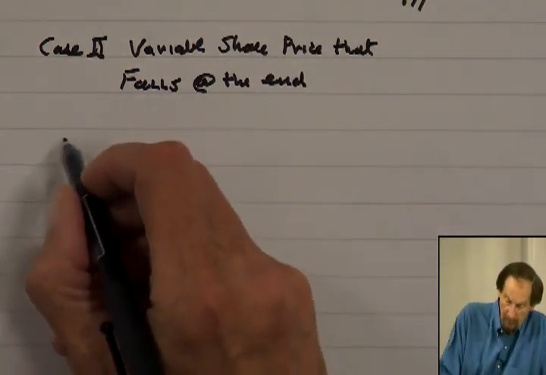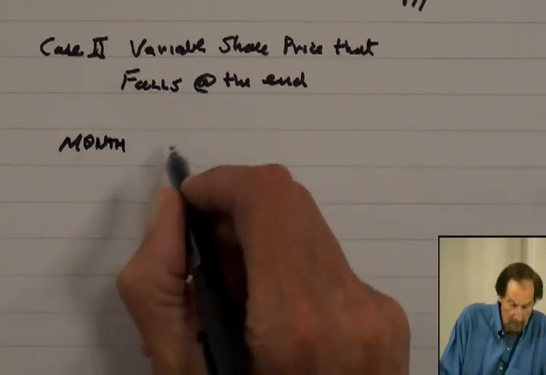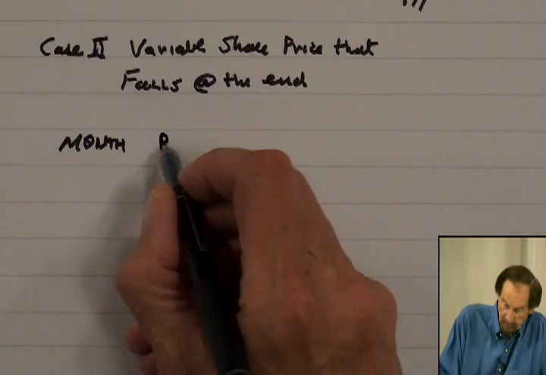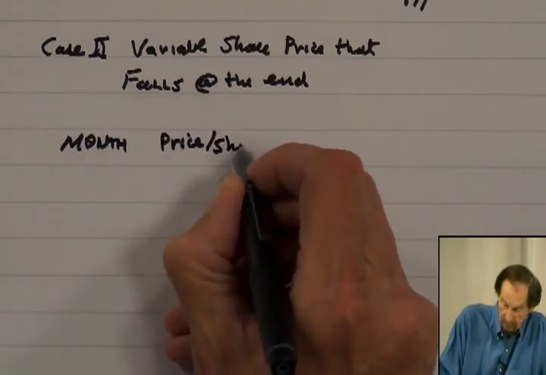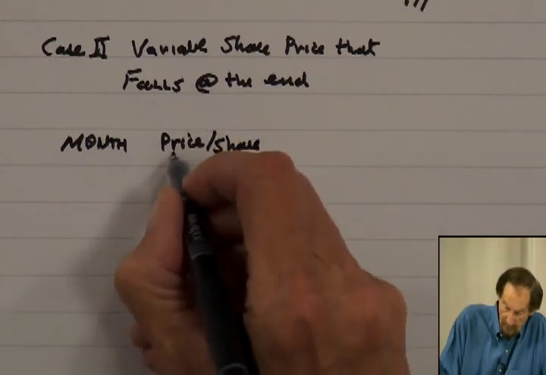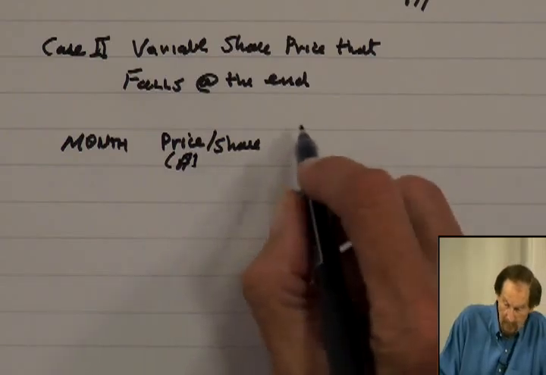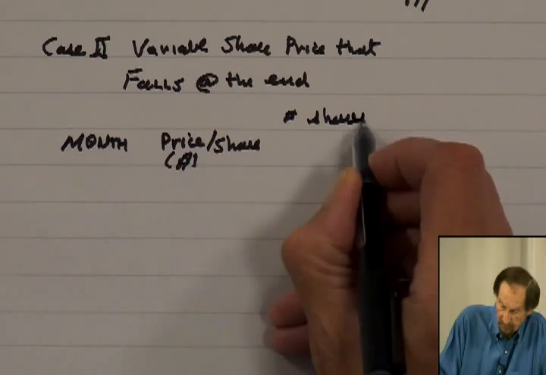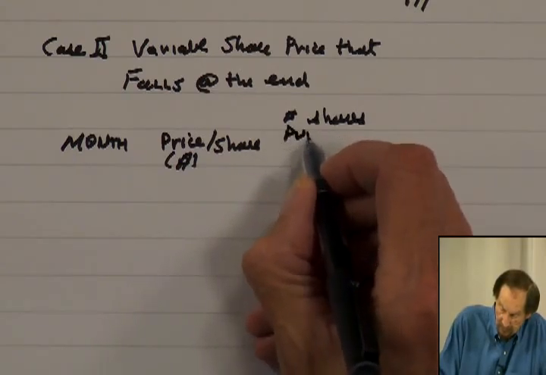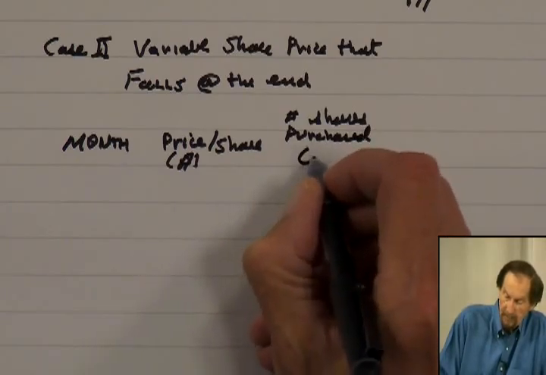Okay, and again we're going to do month. We're going to do price per share in dollars. And we'll do the number of shares purchased by dollar cost averaging.